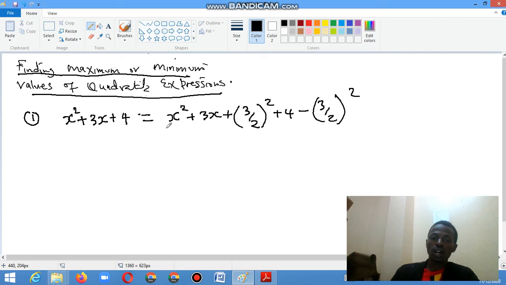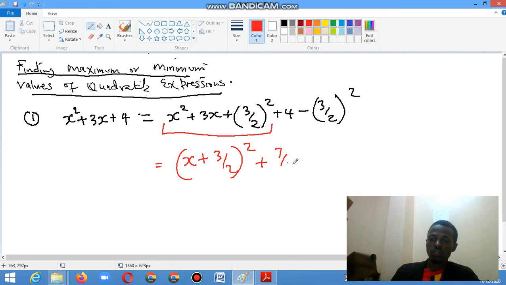From here I'm going to get one expression which will be x plus 3 over 2, squared, then the rest gives 4 minus 9 over 4. If you use your calculator correctly, you'll get 7 over 4.